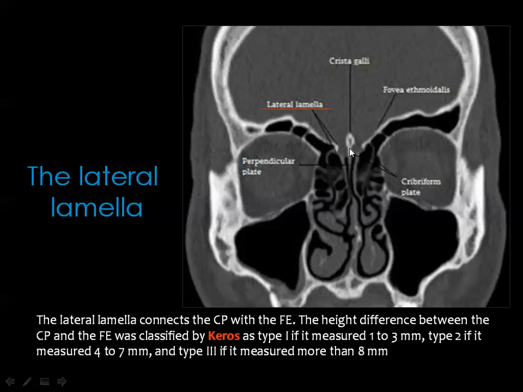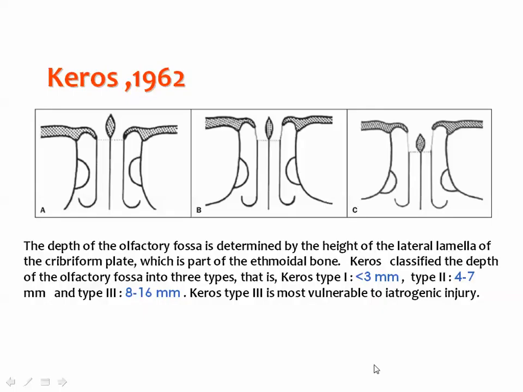Then the lateral lamella is the intermediate zone between the cribriform plate and the fovea ethmoidalis. And the depth of this area is measured by Keros and is divided into three types.